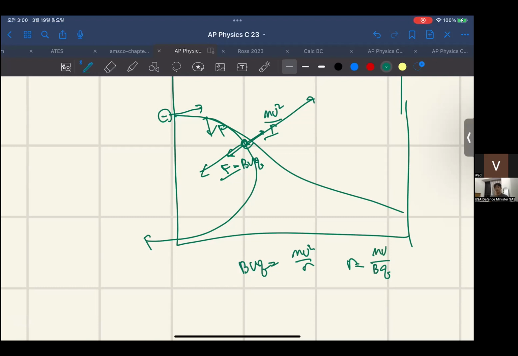Now, this is one specific example, although this scenario is going to appear a lot. So it's going to be really helpful if you understand this relationship between the centrifugal force and the magnetic force. But anyways, this is one example. You might encounter a different example in your AP exam, right?